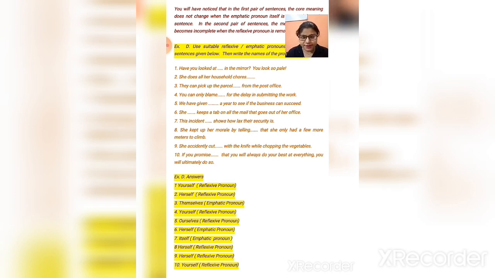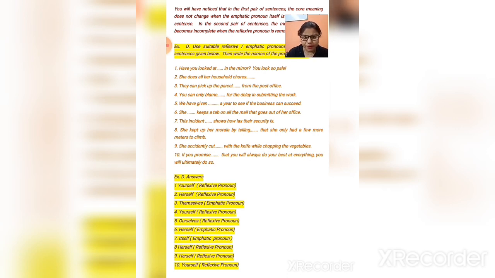Third says, they can pick up the parcel dash from the post office. It is given they, so definitely we will use themselves. So what will be the answer? They can pick up the parcel themselves from the post office. Now the fourth is given. You can only blame yourself for the delay in submitting the work.